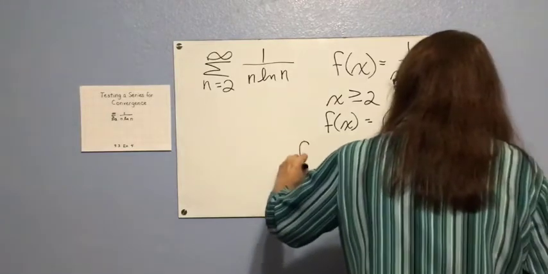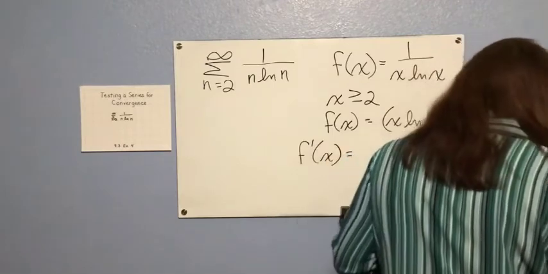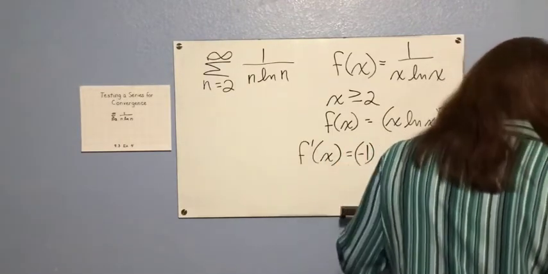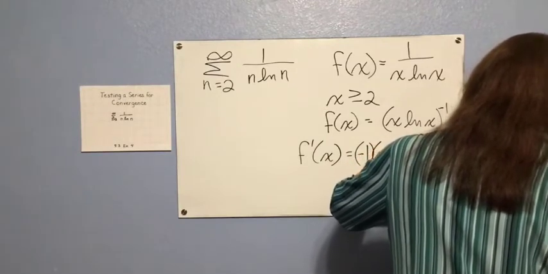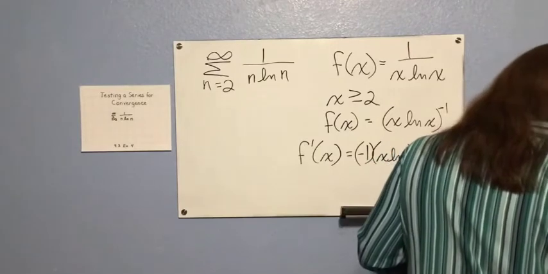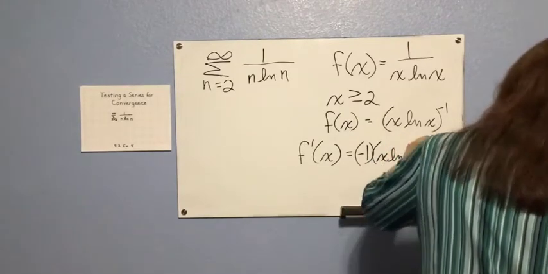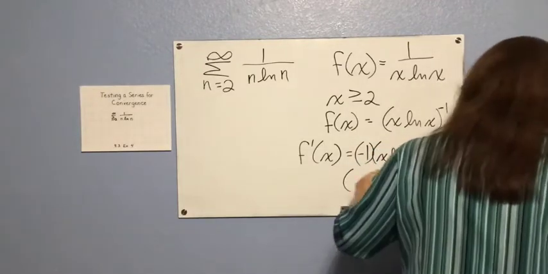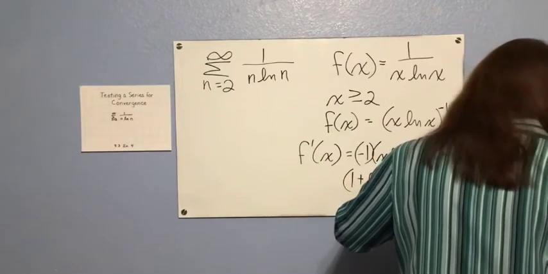And then we'll find f prime of x, which is equal to negative 1 times x natural log x to the negative 2 times 1 plus natural log x.